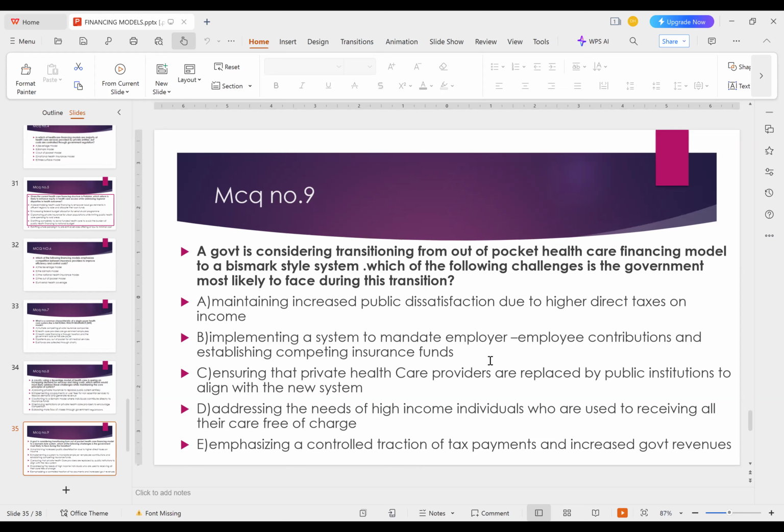B, implementing a system to mandate employer-employee contributions and establishing competing insurance funds. C, ensuring that private healthcare providers are replaced by public institutions to align with the new system, addressing the needs of high-income individuals who are used to receiving all their care free of charge, or emphasizing a controlled fraction of tax payments and increased government revenues.